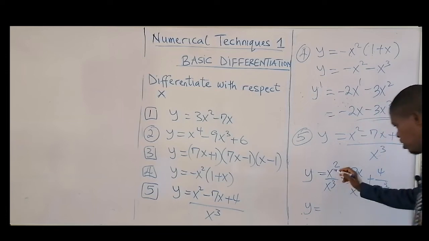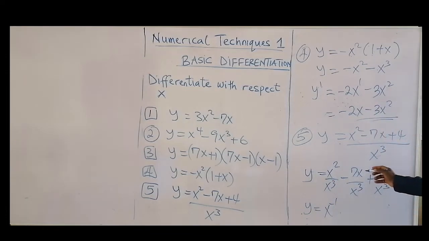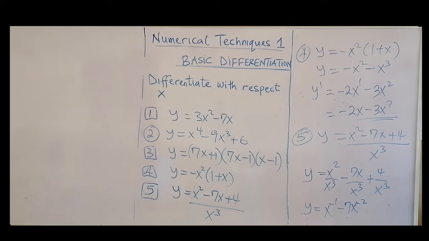For the first one, that will be 1 over x, that will be equal to x to the power minus 1. Here also, this will be minus 7 over x squared, which is minus 7x to the power minus 2, and then plus 4x to the power minus 3. If you raise this one up, it should become that.